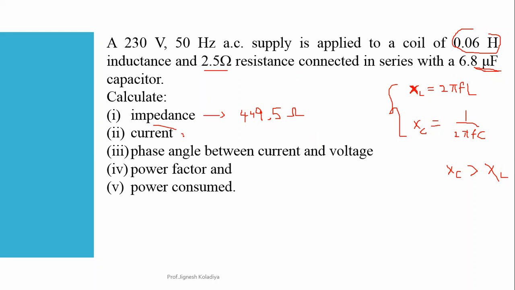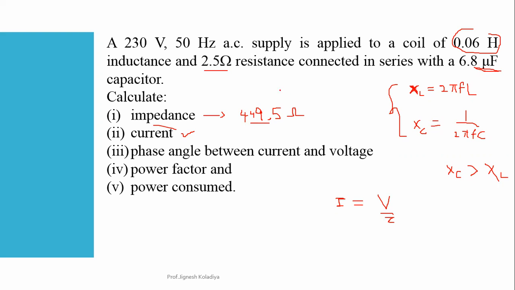Then current I is equal to V by Z. Z is 449.5. Voltage is already given in the data, 230.